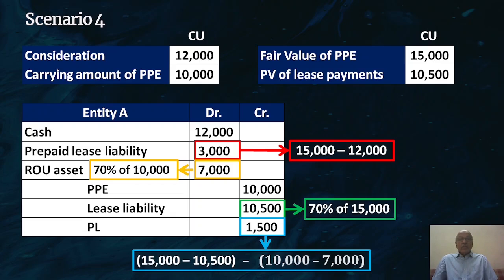You see, 15,000 is the fair value, less 10,500 lease liability, so the gain is 4,500, and the cost of the asset, I mean the proportion of the previous carrying amount transferred, is 3,000 rupees. 10,000 minus 7,000. So profit is 1,500.